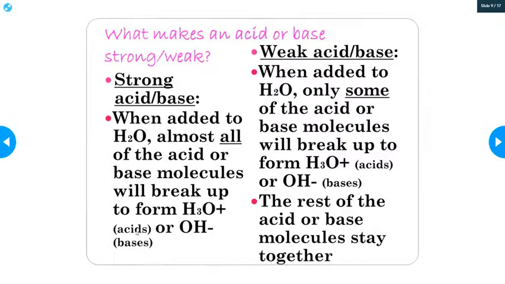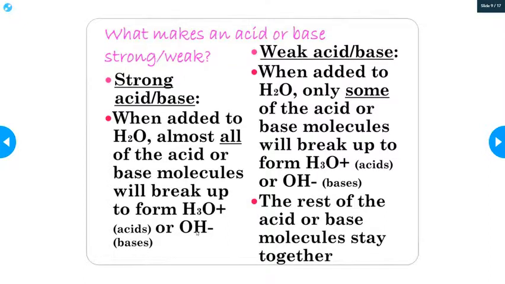Now, when we're looking at bases, bases revolve around hydroxide. The more hydroxide ions we have, the stronger the base is going to be. In order to form those hydroxide ions, the hydroxide has to break apart from whatever it's combined with. So for sodium hydroxide, you would have the sodium and the hydroxide separate and break apart.